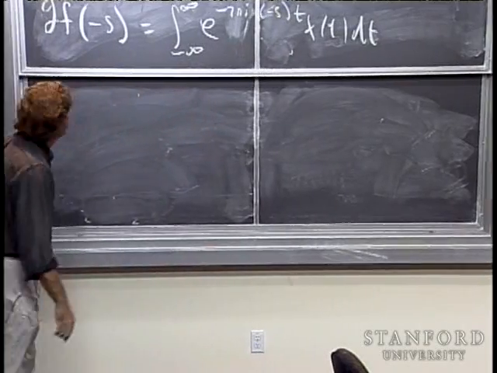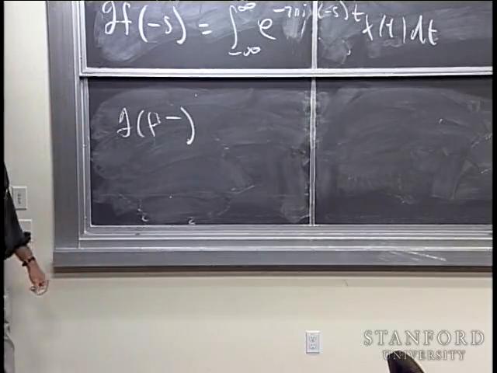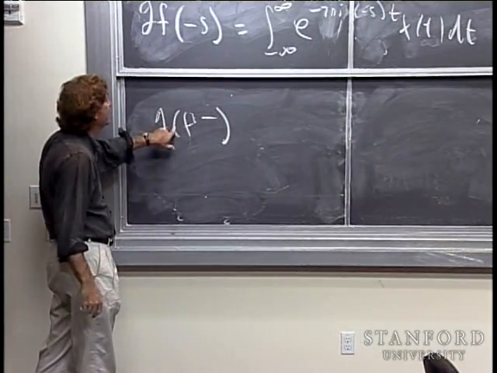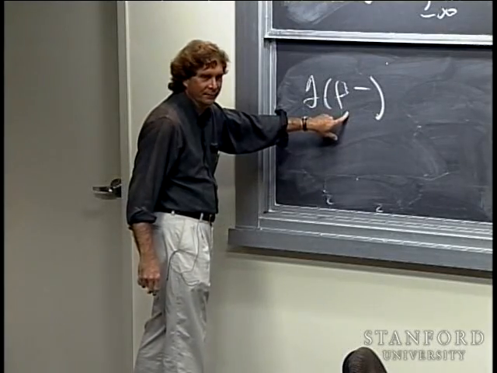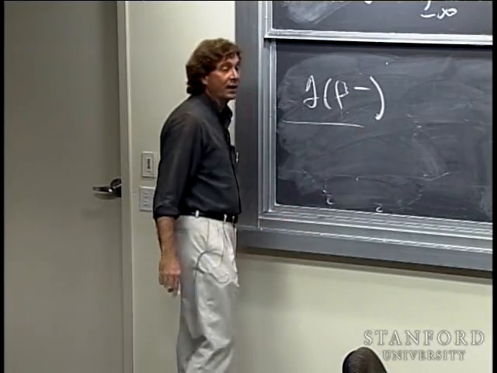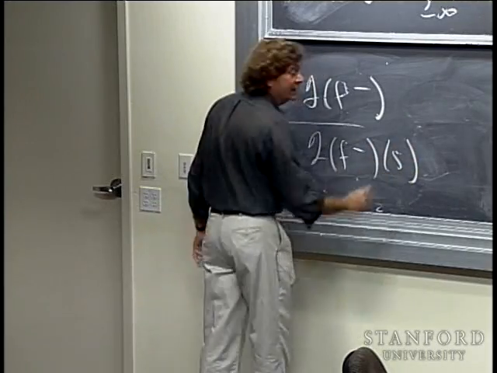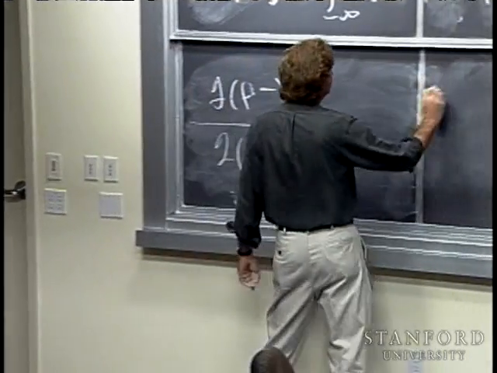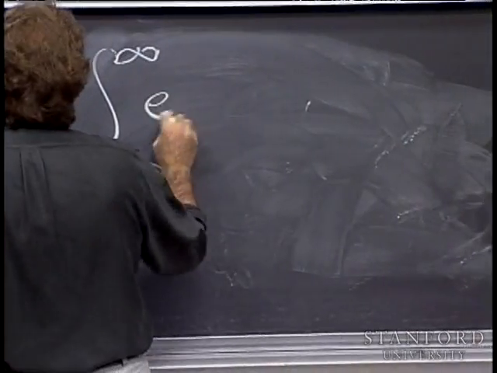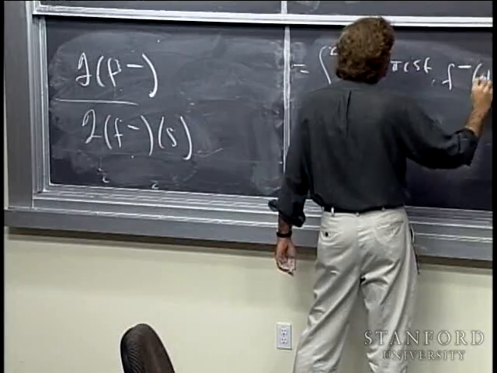Let's look at something else. Let's look at the Fourier transform of f minus, the reverse signal. Notice the parentheses there. I'm not reversing the Fourier transform of f; I'm taking the Fourier transform of the reverse of f. What is this? Well, in order to evaluate it, I have to evaluate it at a point. So the Fourier transform of f minus at s is, by definition, the integral from minus infinity to infinity of e to the minus 2 pi i st times f reversed at t, dt.